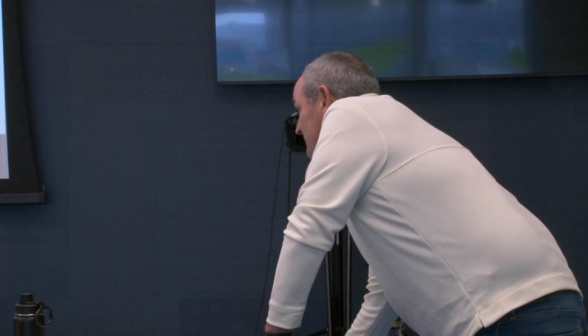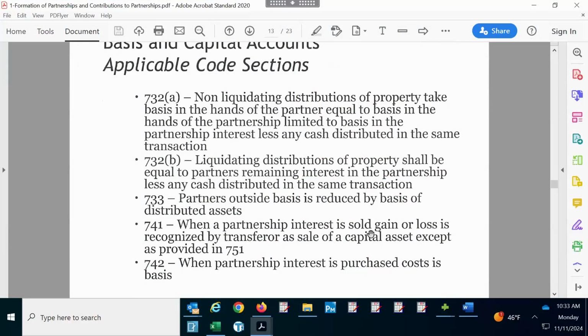I'm pulling it up. Next page, it says when a partnership interest is purchased, cost is basis. That's mistyped. 742 is the basis of the transferee partner's interest. We didn't have spell check back then. This was not AI generated. 731 is distributions, which we're going to talk about. 732 is liquidating, non-liquidating. 741 is sale or exchange.